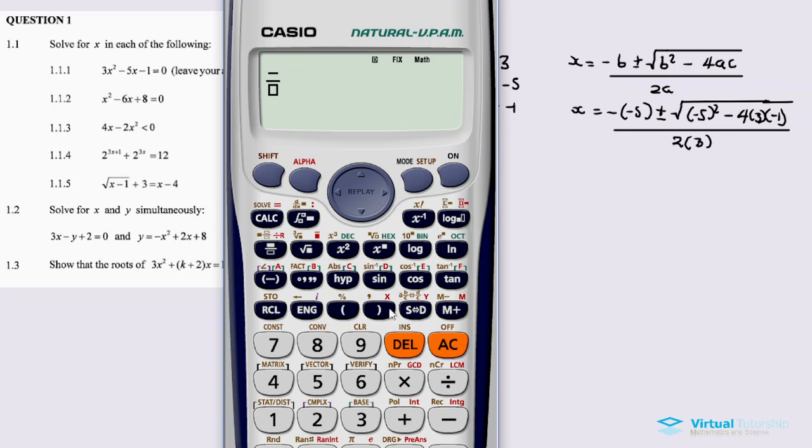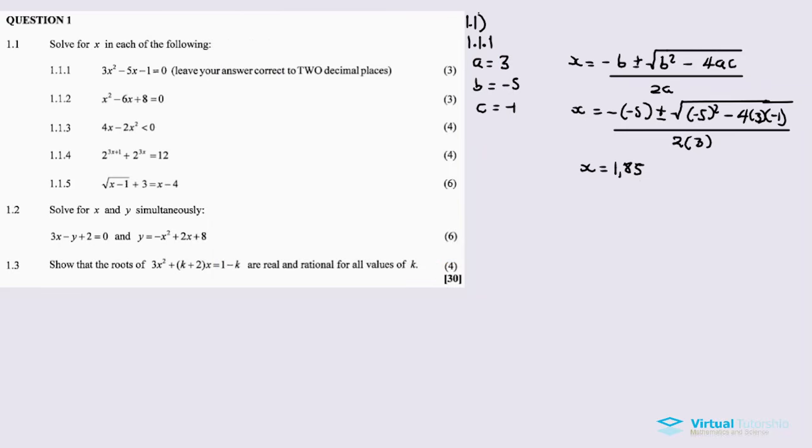It's quicker and easier. -5, let's start off with plus: -5 squared minus 4 times 3 times -1, divided by 2 times 3. To 2 decimal places, the first one is 1.85, and with minus, we get negative 0.18.